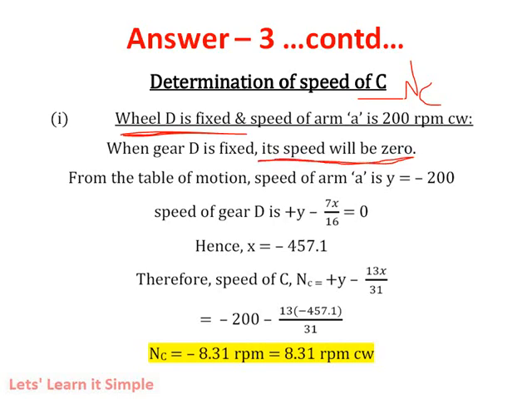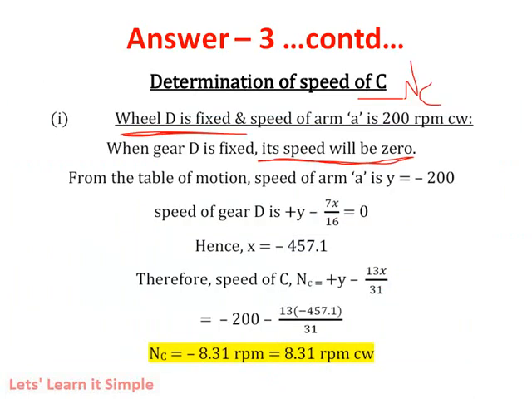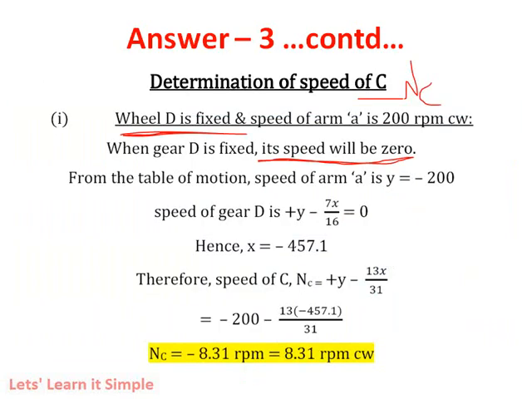Now from the table of motion, the speed of D is here, the last one. That is plus y minus 7x by 16. That is brought here.